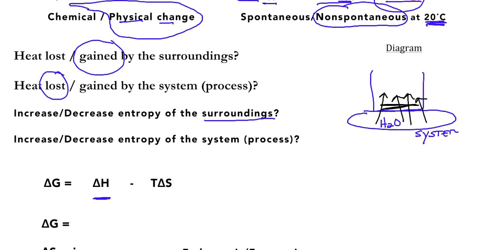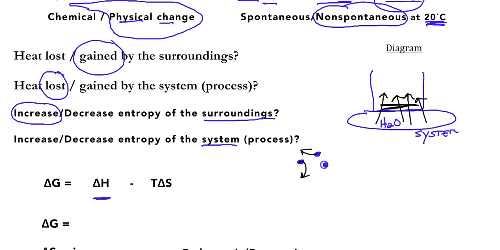So we would say that the entropy of the surroundings definitely increased. Whatever happened in the beaker became more random. And now, what about the system? In terms of the entropy of the system, we know that we're dealing with liquid molecules, and liquid molecules move pretty randomly.